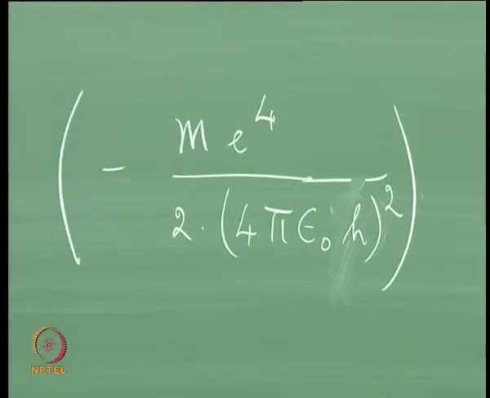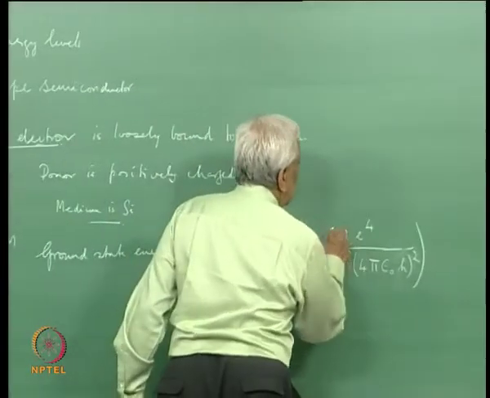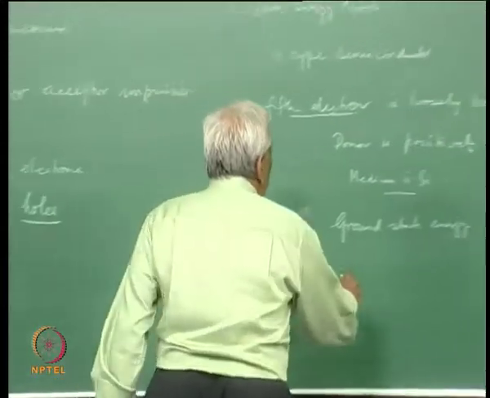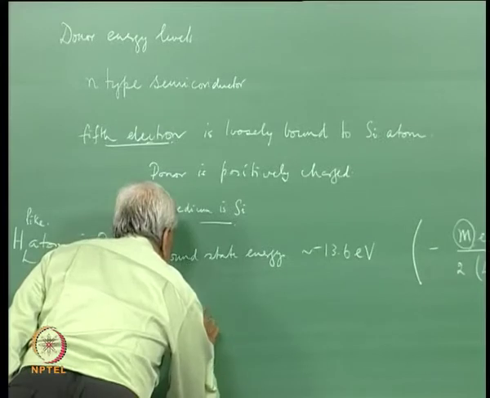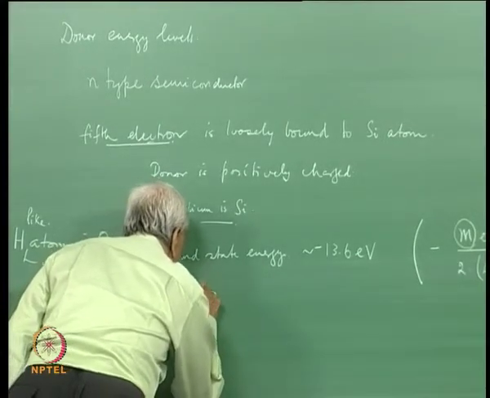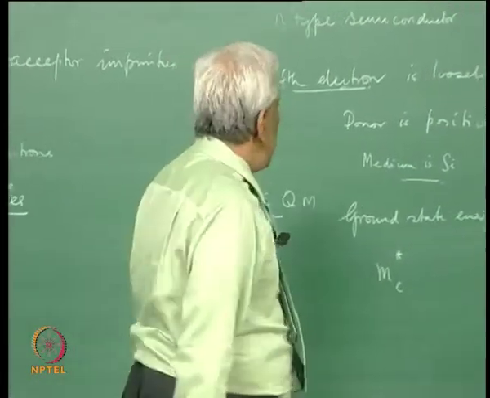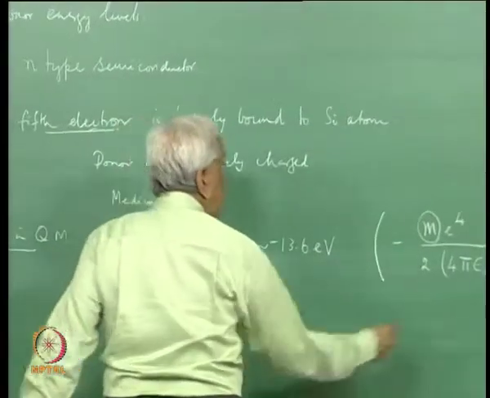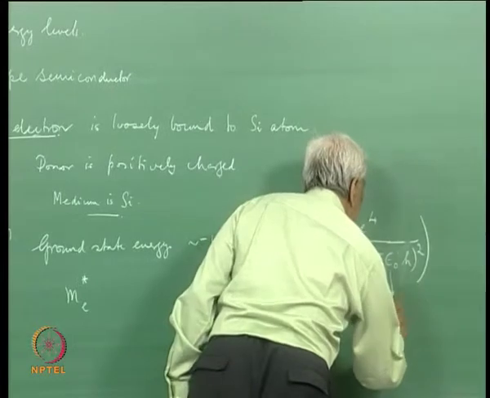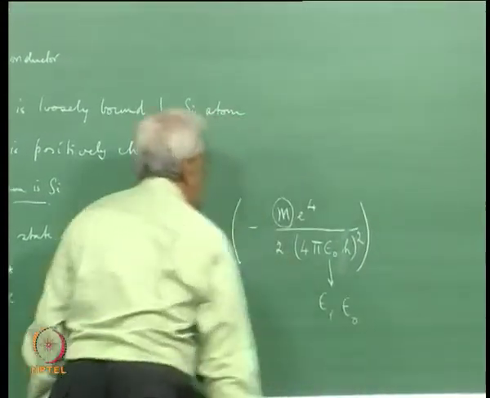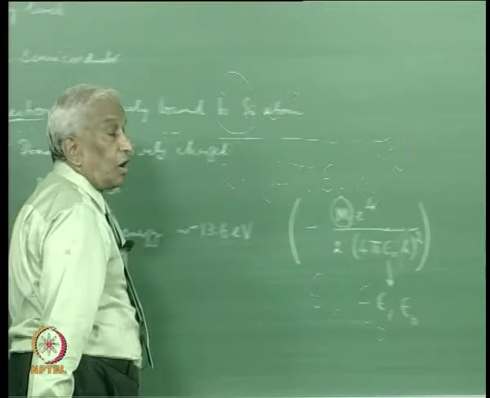Now, in this case, the mass of the electron is known to be the effective mass m star in the semiconductor, and epsilon naught is replaced by the relative dielectric constant epsilon r of silicon.